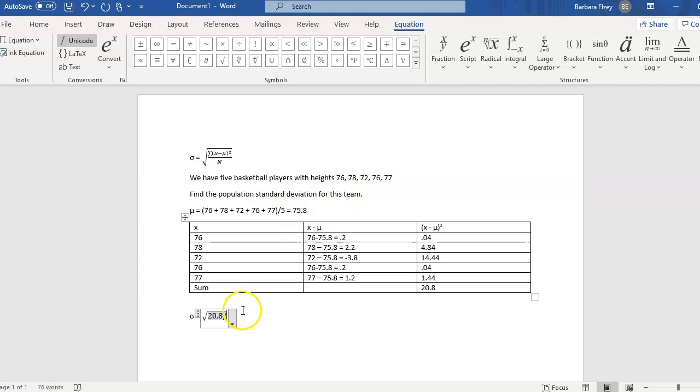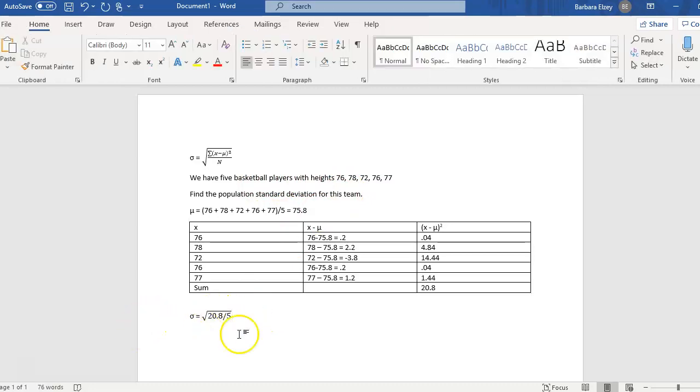In this case, there's just 5 in this population. So divide it by 5. And if I stick this into my calculator, and when you stick it into your own calculator, make sure you hit the square root button and not the square button. And this ends up being 2.0396. Now be careful that you take this as many decimal places as it asks you for in the homework.